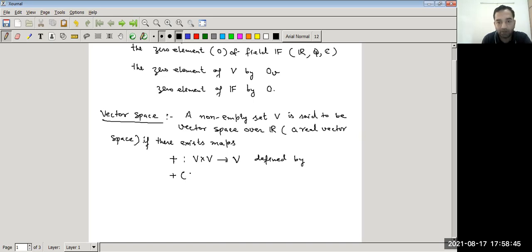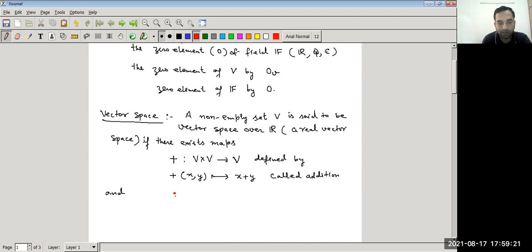The elements of V cross V are in the form of ordered pairs x comma y. This goes to x plus y. How can we define plus? x comma y under addition, the output is x plus y, called addition.